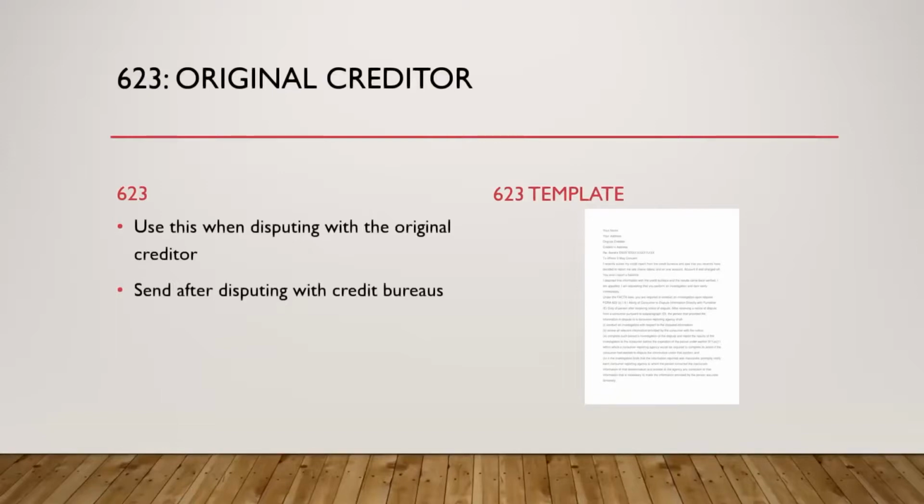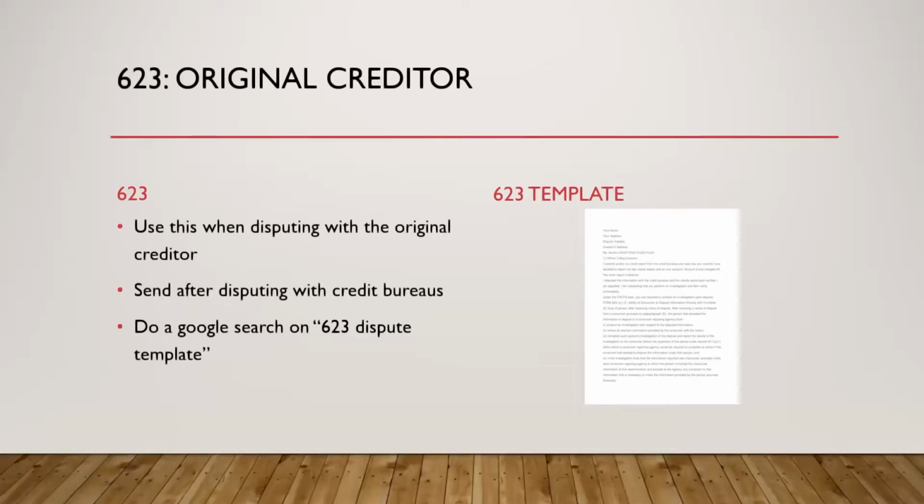Nobody said that you have to first dispute with the bureaus and 30 days later dispute with the creditor. No, dispute with the bureaus, 3 days later, send out your dispute to the original creditor. To find one of these templates, simply do a Google search on 623 dispute template. It's as easy as that.